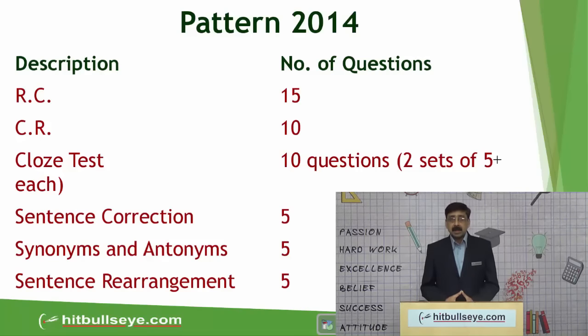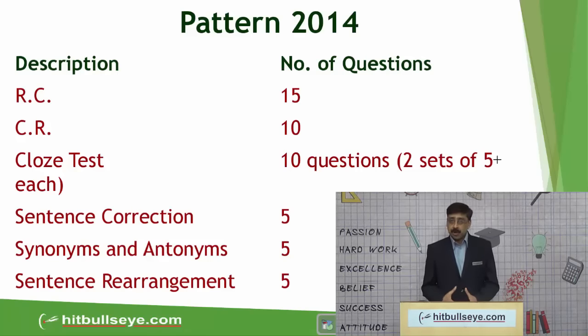So if we look at the breakup of the verbal components, you will see that primarily the paper is dominated by vocabulary and reasoning based questions. At the second number you will find reading comprehension. But this was the story in 2014.